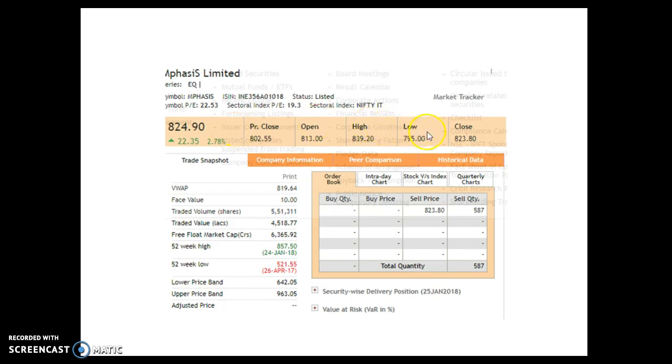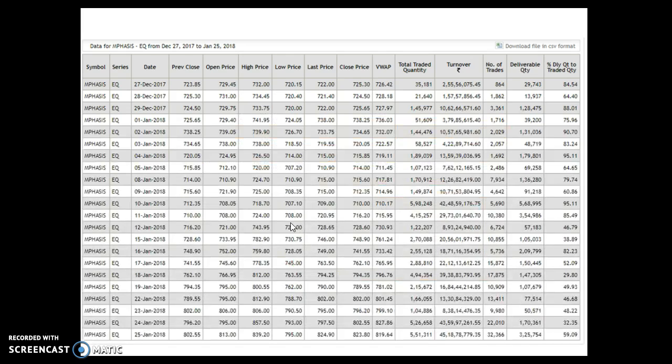This one is the price behavior on the particular day, and this one is only for your reference purpose. Face value is 10 and 52 weeks high is 857.50 and 52 weeks low is 521.55. Traded volume and in terms of the value, and this is the delivery volume percentage over the last 1 month. I have captured this information from 27th December 17 to the 25th January 2018.